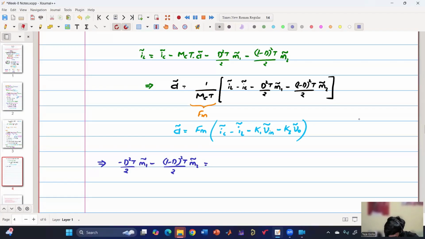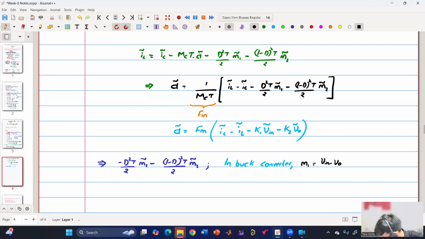So we know that in a buck converter, m1 is nothing but v in minus v0 by l and m2 is v0 by l.